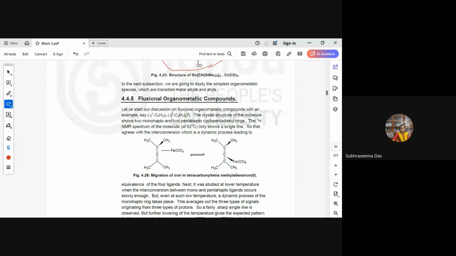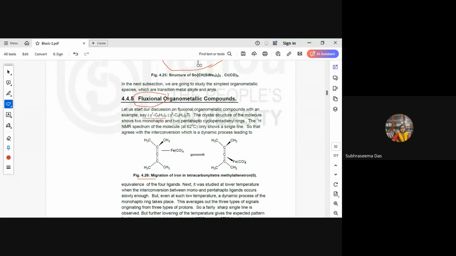So now coming to fluxional organometallic compounds. When we talk of the word fluxional, it indicates an interchange. When we look into figure 4.26, the crystal structure of the molecule shows both two monohapto and two pentahapto cyclopentadienyl rings.